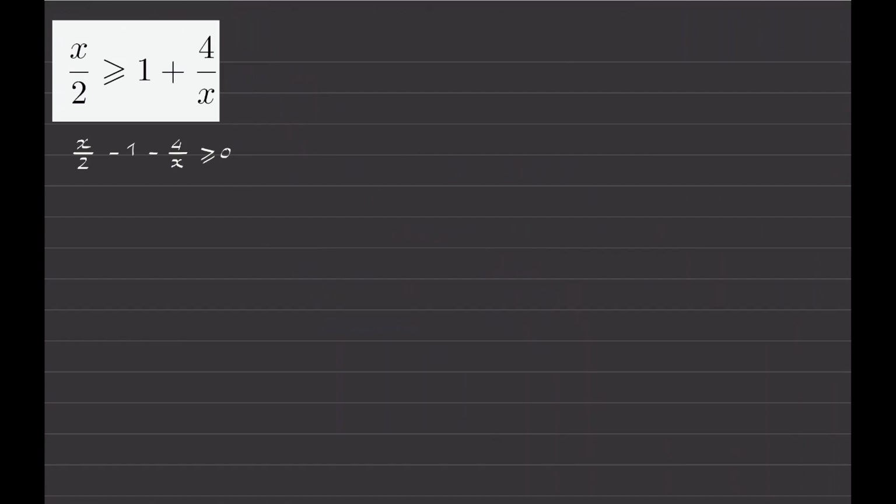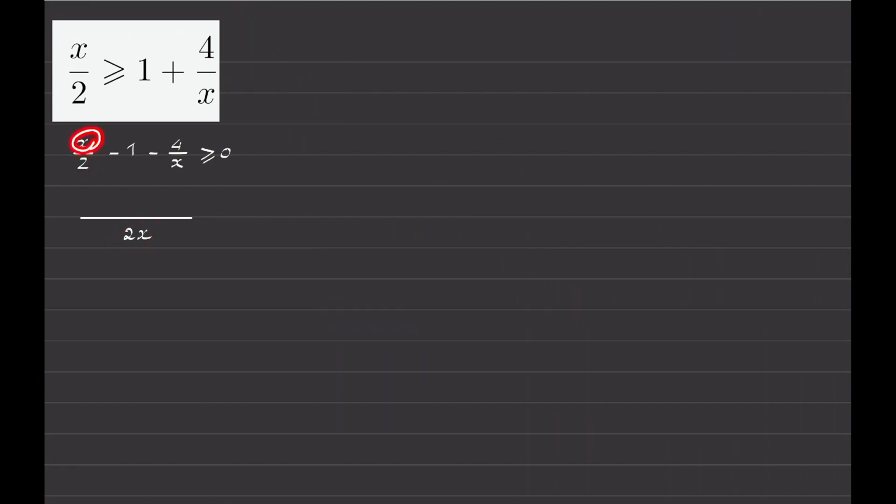And now I will try to make the left-hand side an expression which only consists of multiplication and division. To do this, I take the common denominator between all these three terms, which is simply 2x. Then I compare 2x with 2. I see I have an extra x.